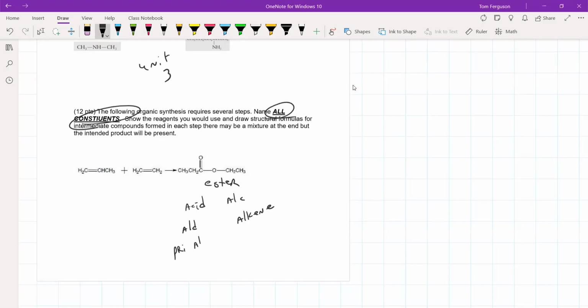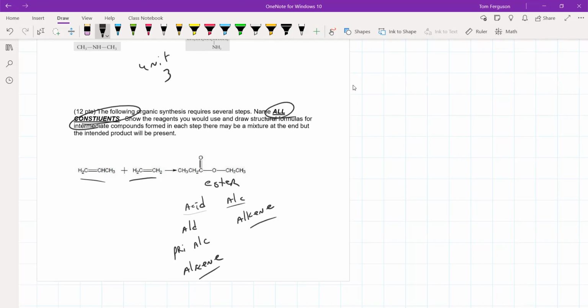Primary alcohol and alkene. And this is just looking on your chart. Okay, gosh, we have alkene, alkene, alkene, alkene. So we're going to do this in 2 main steps. And then the last step will be combining the acid and alcohol into the ester.